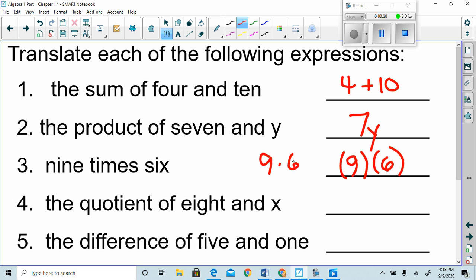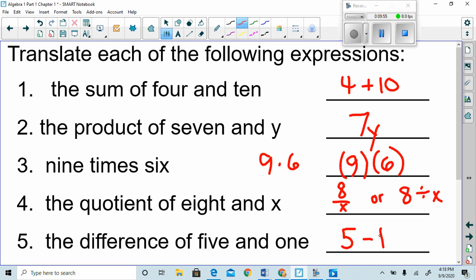The quotient of 8 and x. Order matters. Quotient is division, so that's 8 divided by x, or you might see 8 divided by x written as a fraction. Most likely you'll see the first, but both are accepted. The difference of 5 and 1 is 5 minus 1.